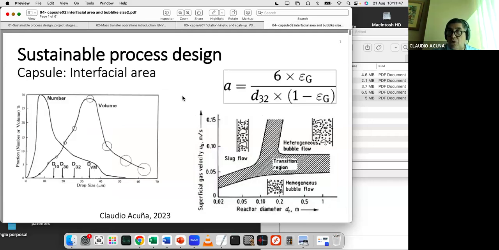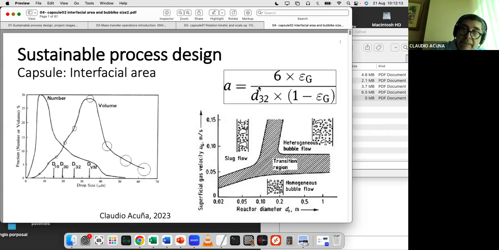Module 4 is more conceptual. Let's say you have a gas reactor or even a solid reactor. The interfacial area, the amount of surface that you have, the square meters of particles you have relative to the liquid phase, or the square meters of CO2 that you have in a CO2 tank to be dissolved, depends on the size.